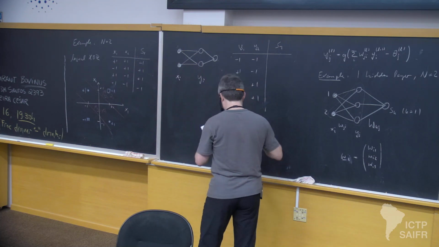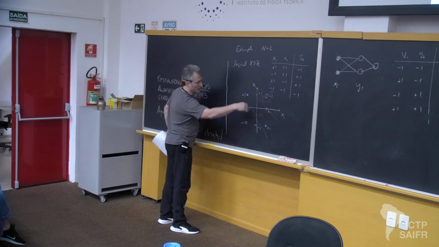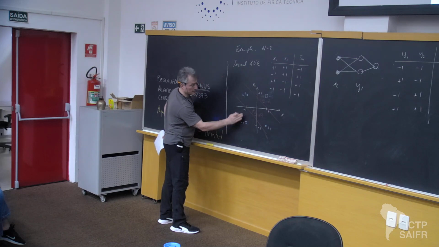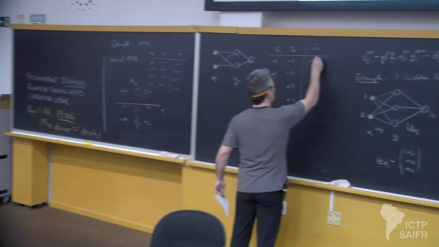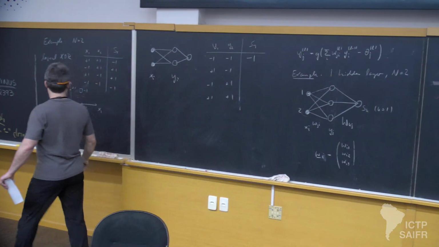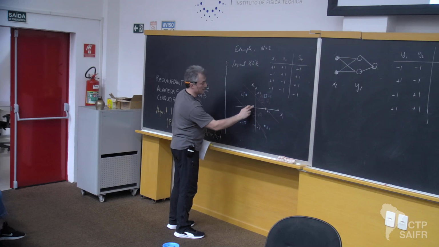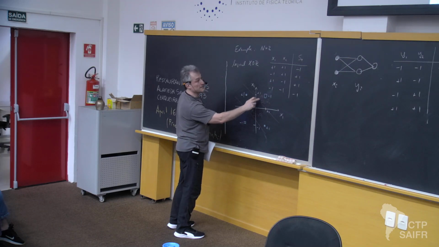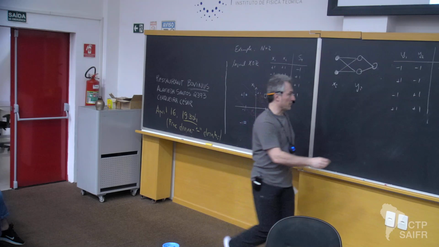So let's have a look. -1, -1 means it has to be on the negative side of both lines here. So it's down here. It's just this pattern. It's a -1. +1 is on the plus side of the W1 plane, and minus the second column on the negative side here. So these are the 2 ones that are classified with +1.